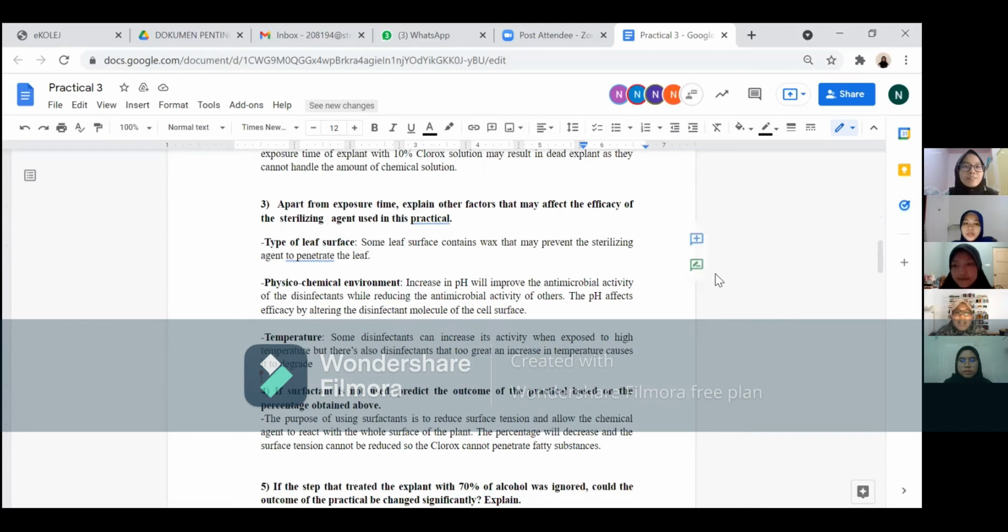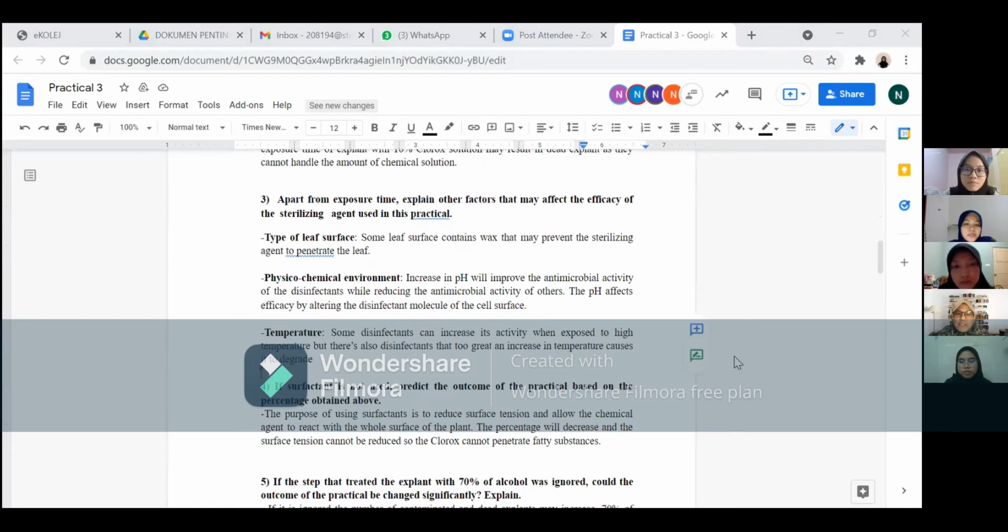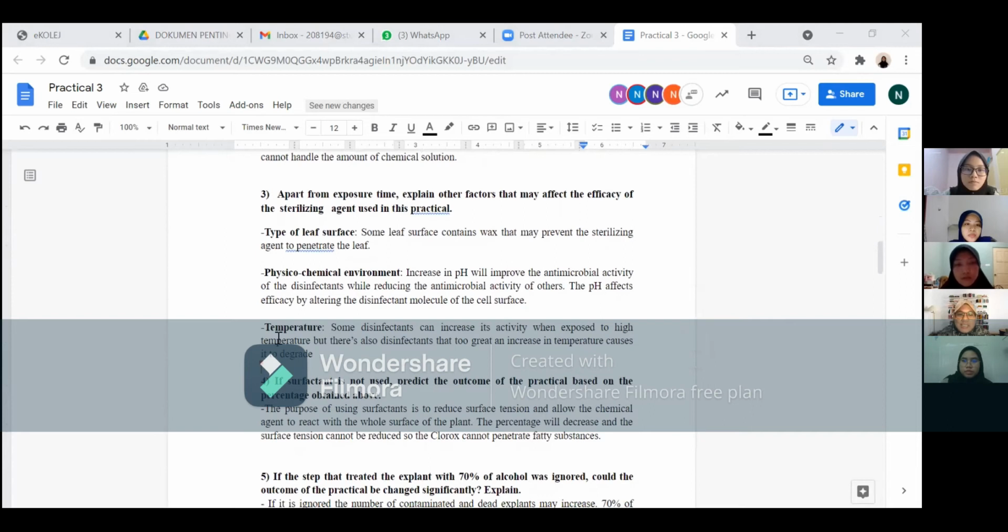Question number 3: apart from exposure time, explain other factors that may affect the efficiency of the sterilizing agent that we use in this practical. So my answer, I provide 3 answers for the 3 factors.